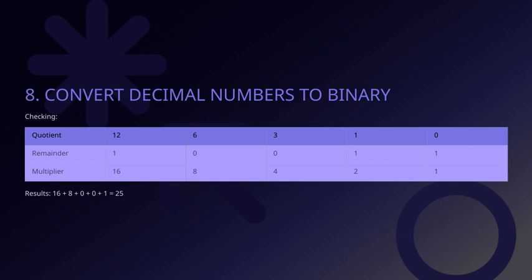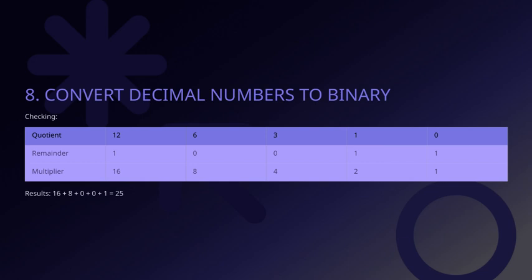Now, the key point here is how we check the final result. If we multiply each binary digit by its corresponding multiplier and then sum all those products, we should get back to our original decimal number, which in this case is 25. And as you can see, 16 plus 8 plus 0 plus 0 plus 1 equals 25.